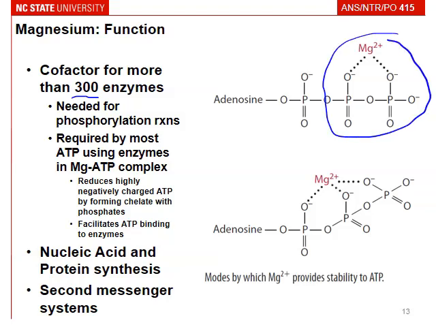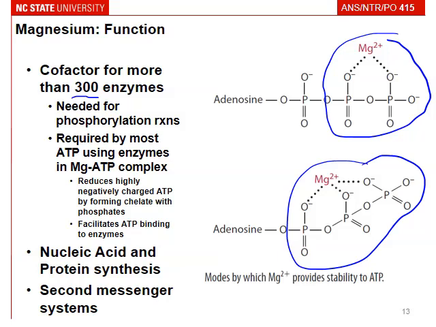Here is one version where it's stabilizing the latter two phosphate molecules. Here it is bound to all three. So this is actually stabilizing the negative charge on the phosphates, and that allows the ATP to better bind the enzymes that it needs. So it facilitates ATP binding to the enzymes by stabilizing those negatively charged phosphate groups.